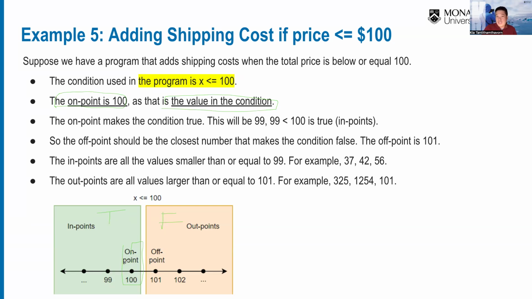What you really want to test is the boundary values, the values that surround the on point value. For example, 99, 101, 102, that kind of thing.